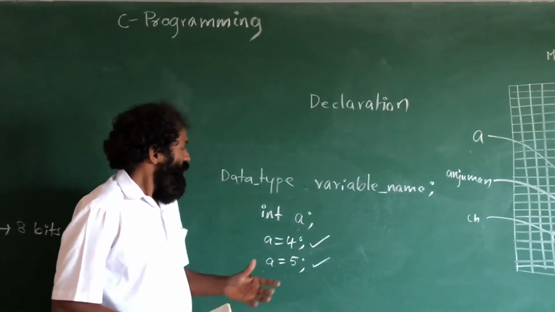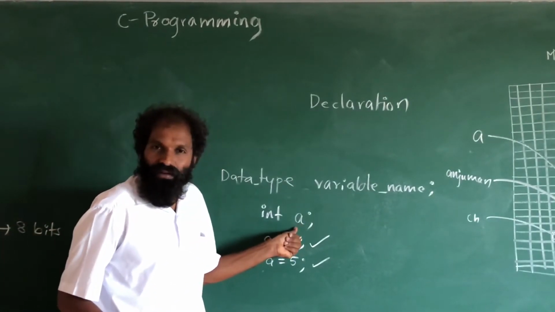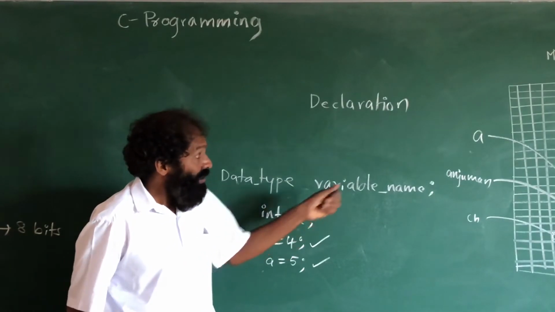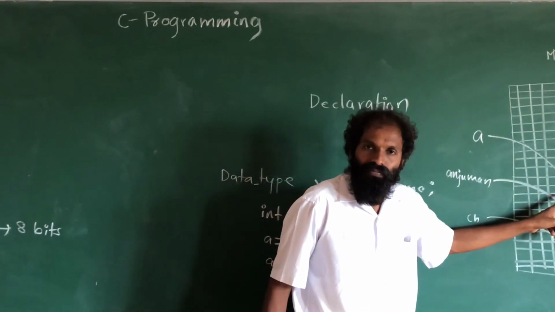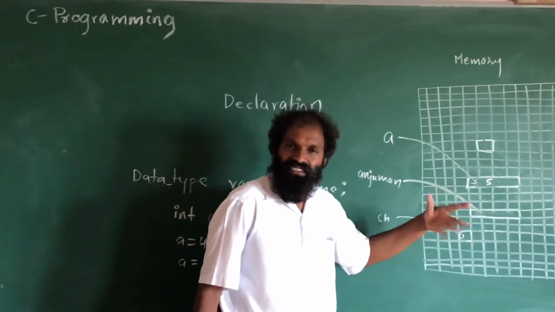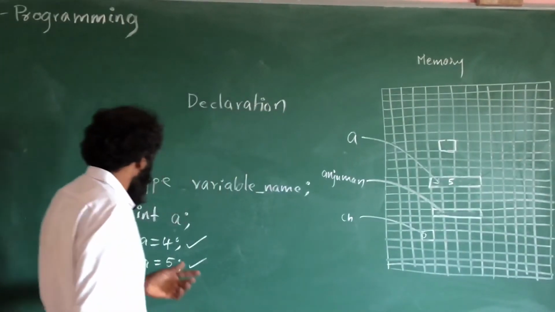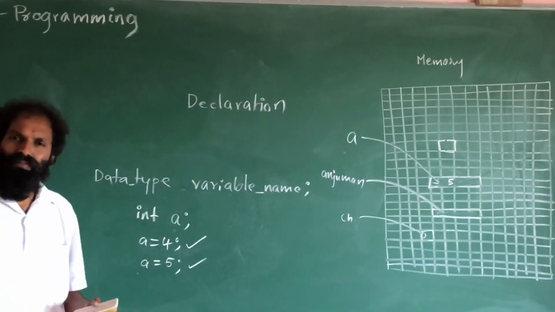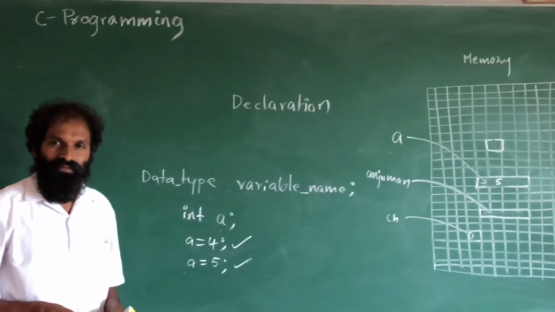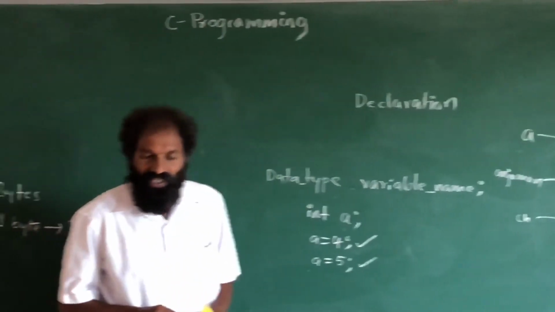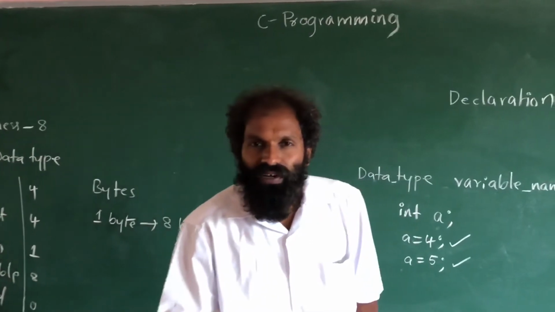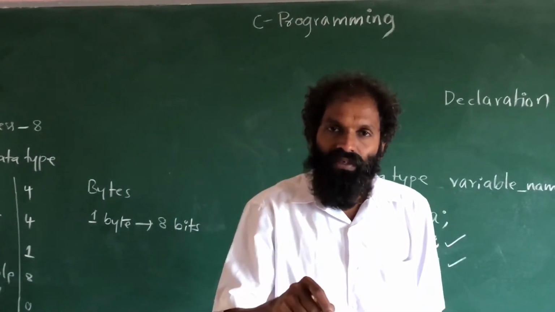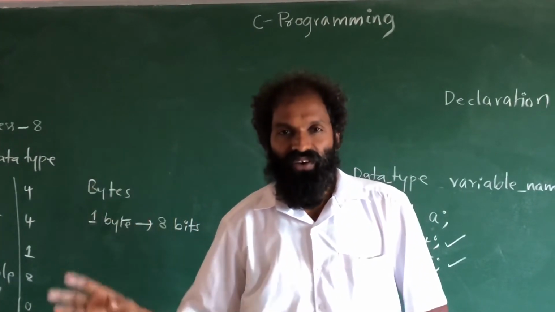Okay, A is a variable, A is a memory location name, its value may change. The word variable means changing. Let us now define a variable. A variable is a name given to a memory location.